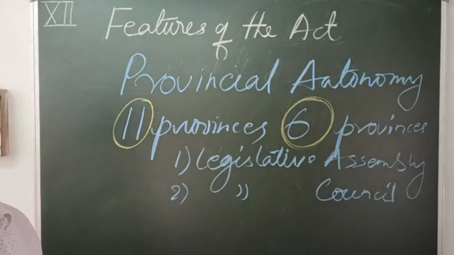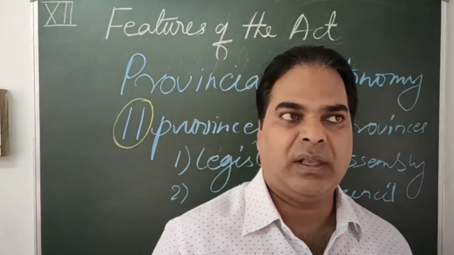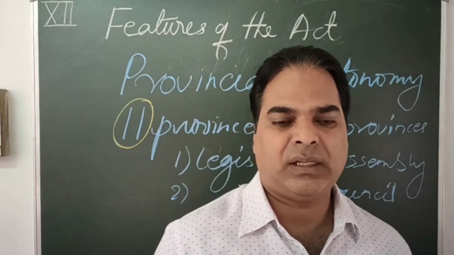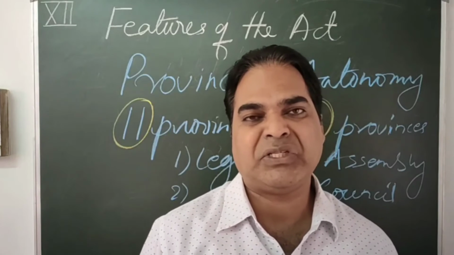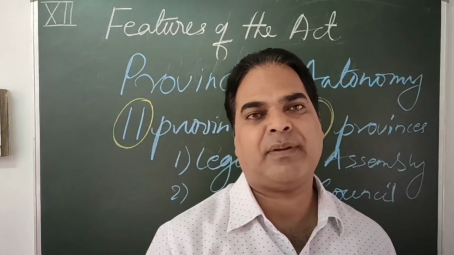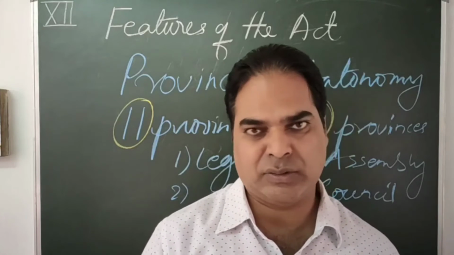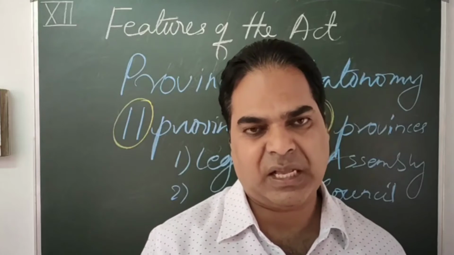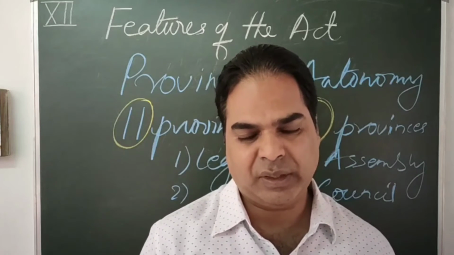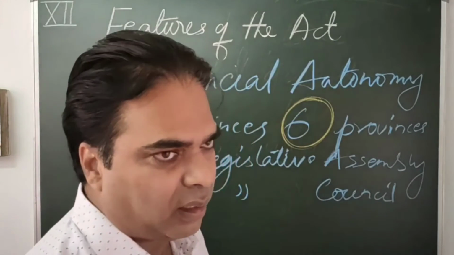Even today in our country India, 7 states have a bicameral legislature. For example Bihar, Uttar Pradesh, two houses are there. Legislative assembly is also there, legislative council is also there. Maharashtra, Andhra Pradesh, Telangana, Jammu Kashmir. So these are the states where both houses are there.